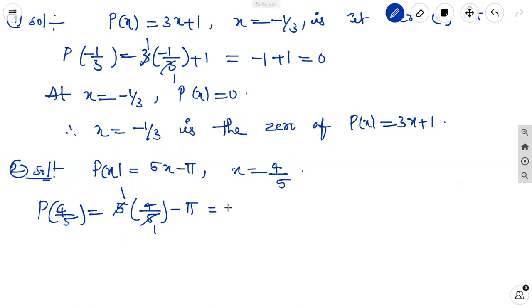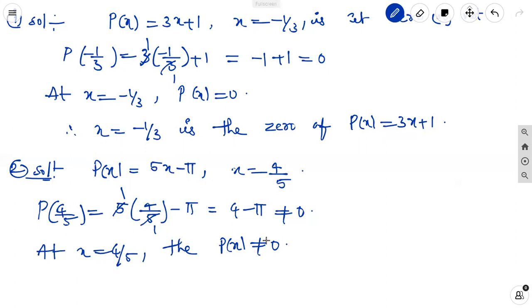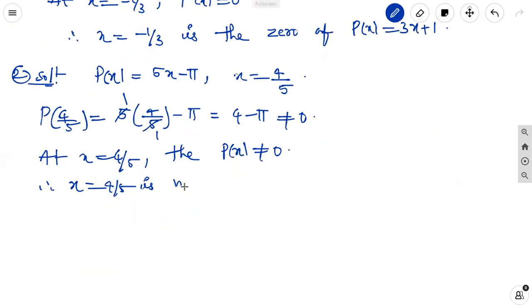It is equal to 1 into 4, which is 4 minus pi. It is not equal to 0. At x equal to 4 by 5, the polynomial P of x is not equal to 0. Therefore, x equal to 4 by 5 is not a zero of P of x.